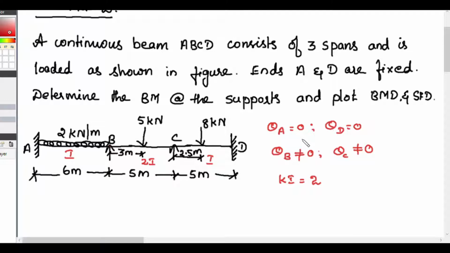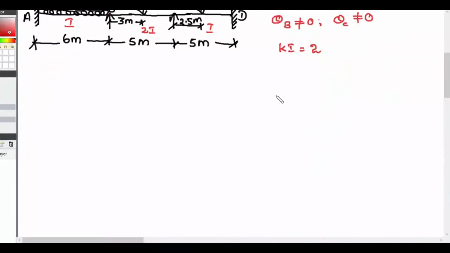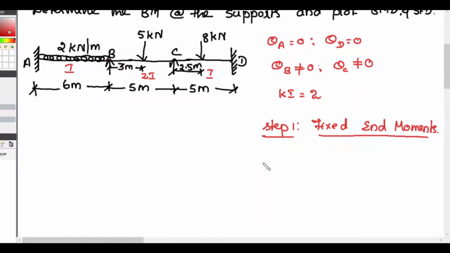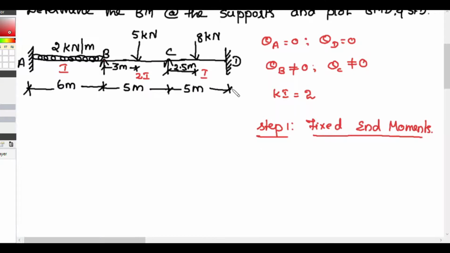So our first step, step 1, is to find the fixed end moments. So step 1 is find the fixed end moments. So we have 3 spans, right? We have 3 spans, span AB, span BC and span CD.